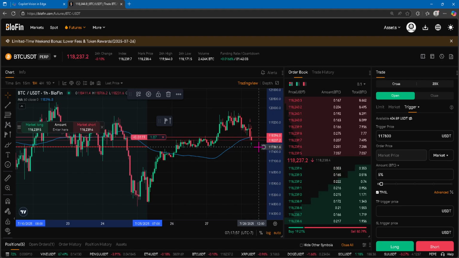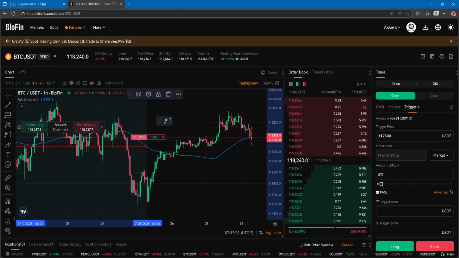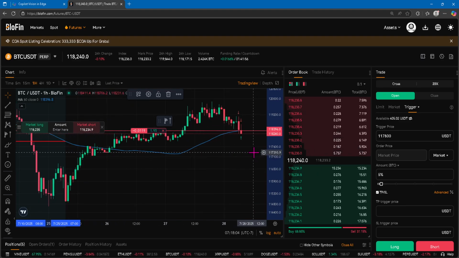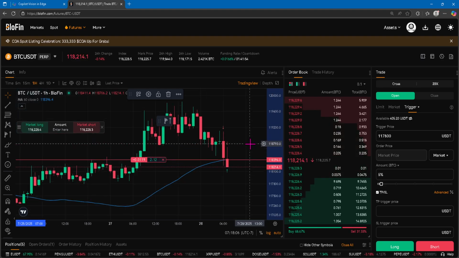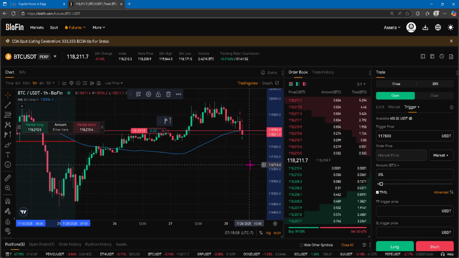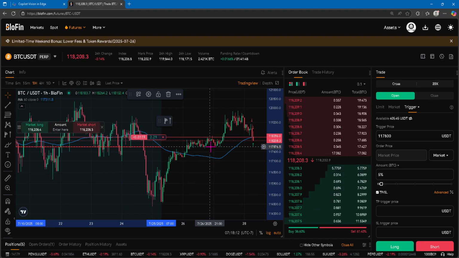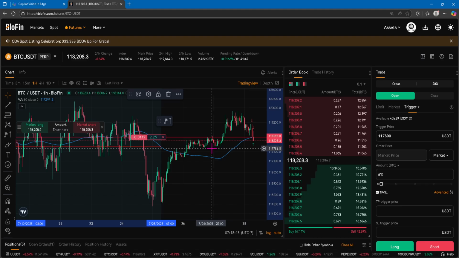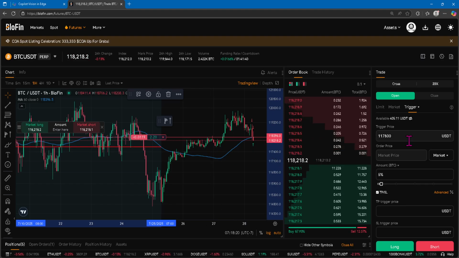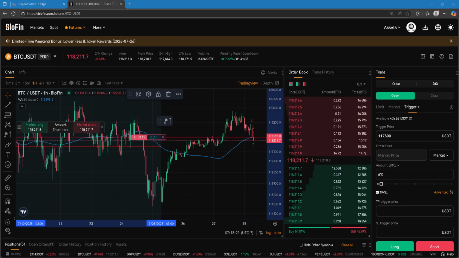I guess, let's see. It's a little different on here on this chart. Okay, it's showing the point of control at 117,860.